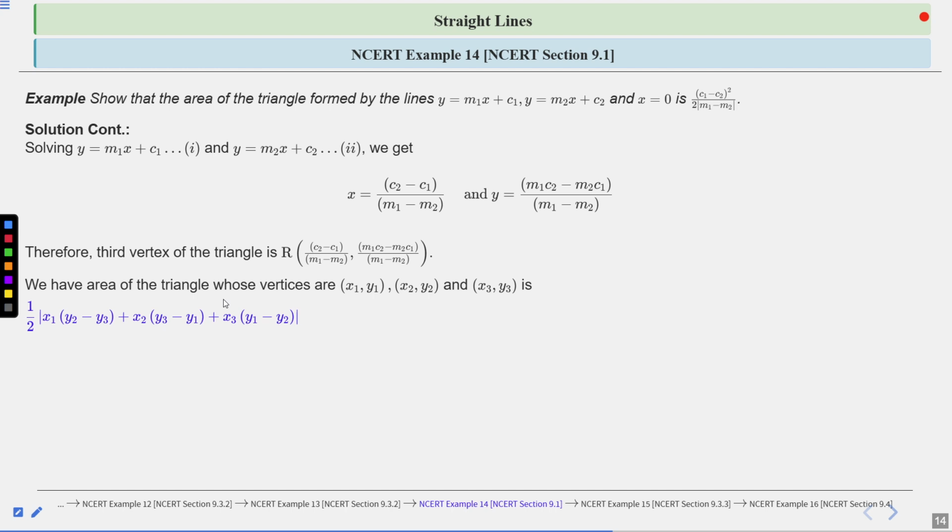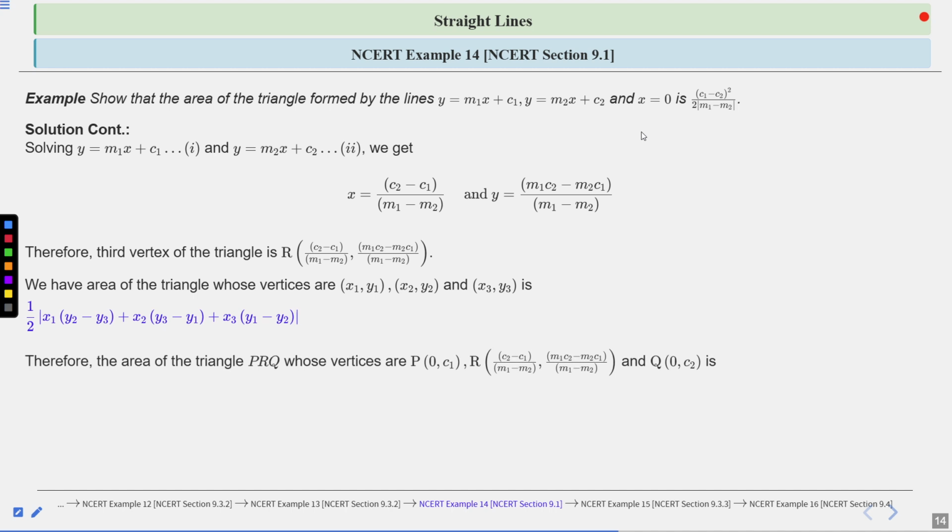Okay, so this is the formula for finding the area of a triangle whose vertices are given. So note this formula. In this problem we can use this formula to find the area of the triangle formed by these three equations of the line.